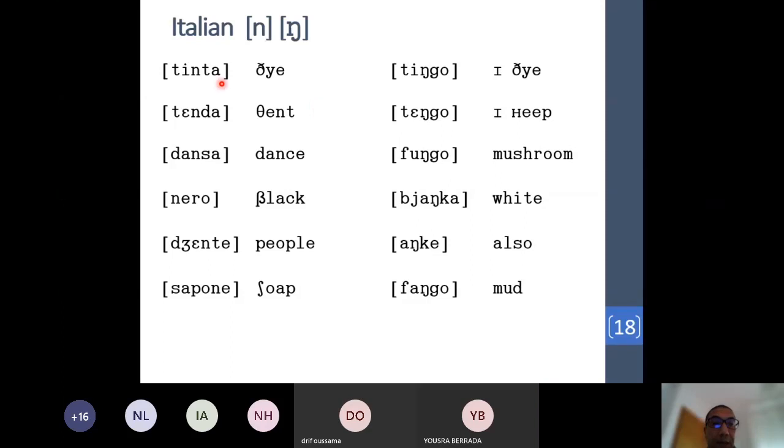Tinta, tenda, danza, nero, gente, sapone, tingo, tengo. This is a minimal pair, but it establishes the contrast between two vowels, E and A. Not fungo. Okay, no minimal pairs are available.